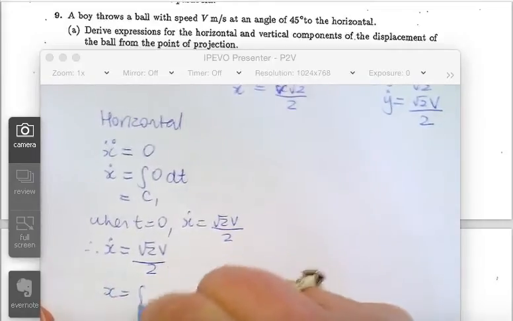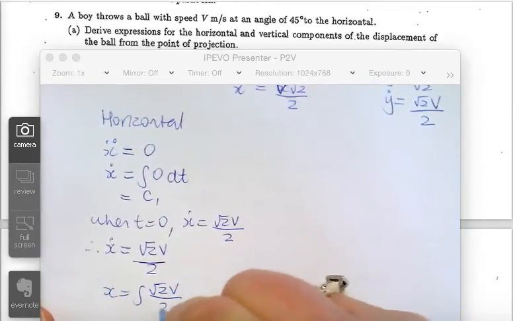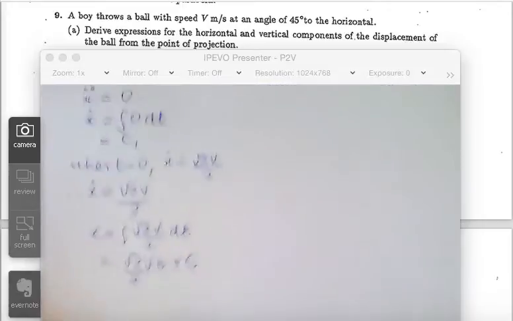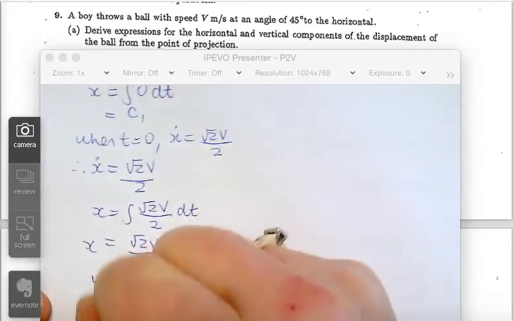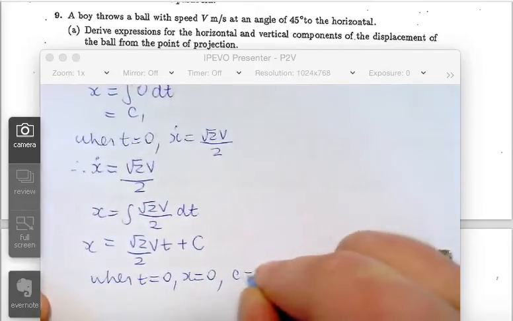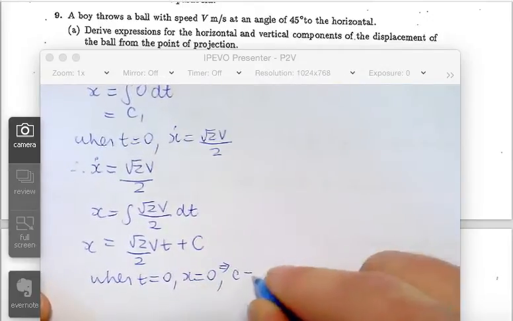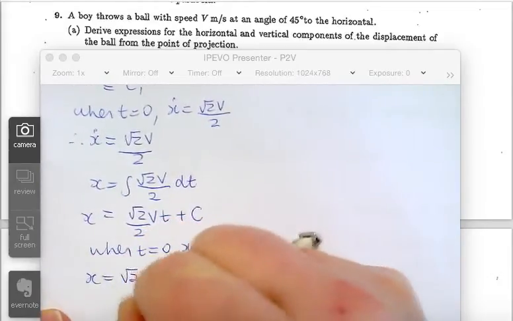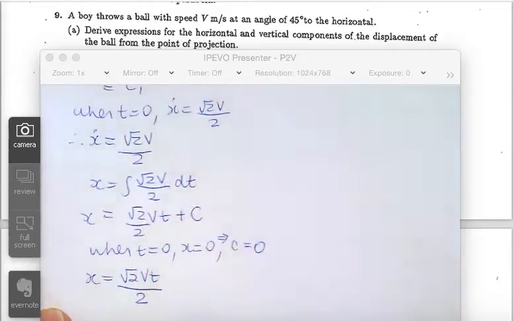The displacement is the integral of that, which is root 2 on 2 vt plus c. When t equals 0, x equals 0, that gives us c equals 0. So therefore x equals root 2 vt on 2.